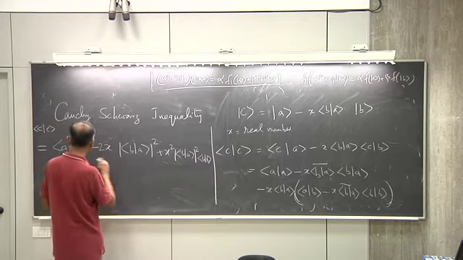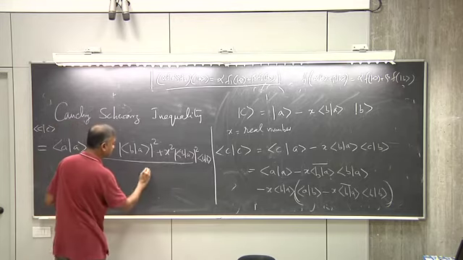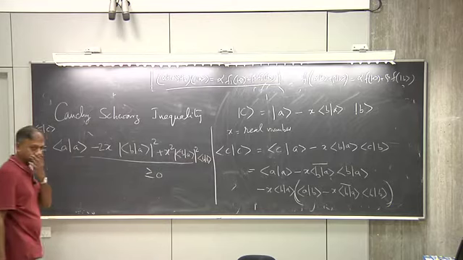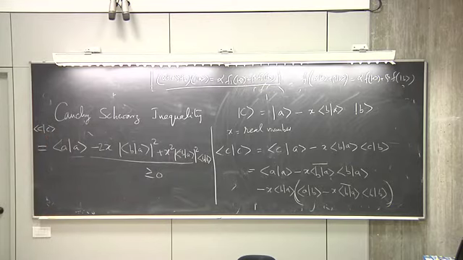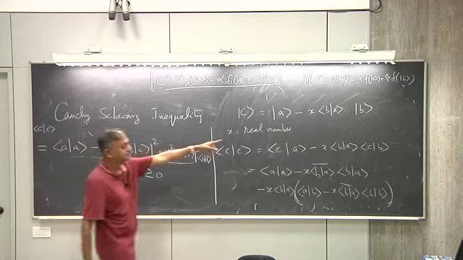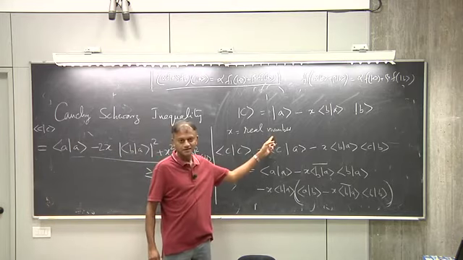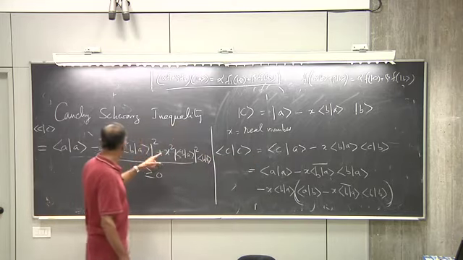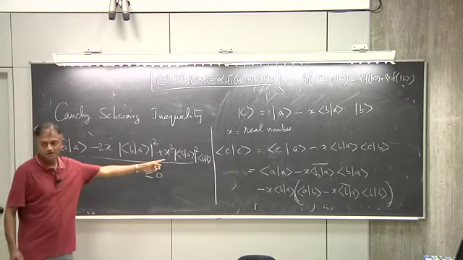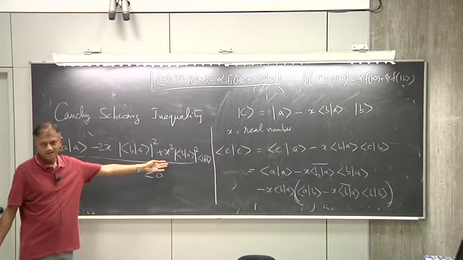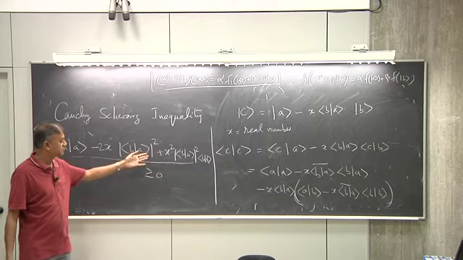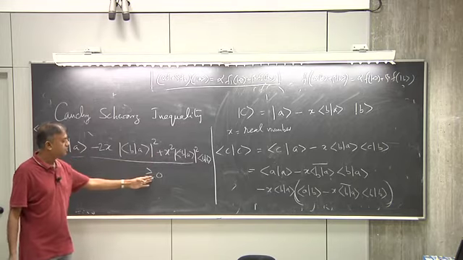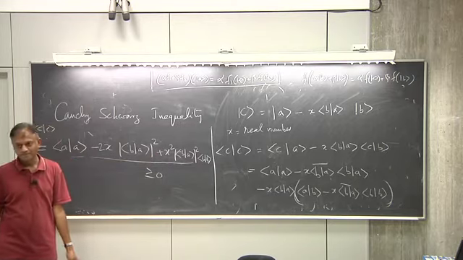So the important point we are saying is that this combination is greater than or equal to 0 for any x, any real number. But look at this, this does depend on x. This is a function of x, but we are saying that this is some function of x in such a way that this is always greater than or equal to 0.